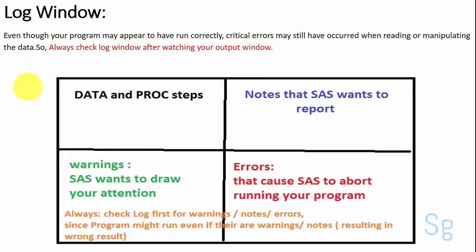You will get various kinds of messages in the log window. For example, data and proc steps messages in black color, notes in blue color that SAS wants to report, warnings in green color that SAS wants to draw your attention, and errors in red color that cause SAS to abort running your program. You should always check the log window in order to avoid wrong output.